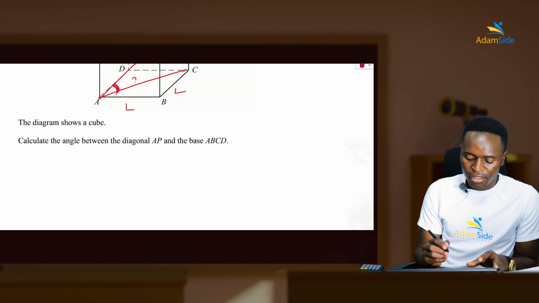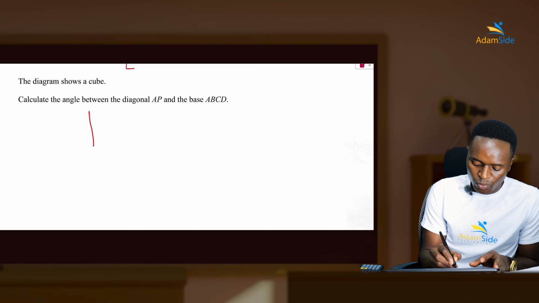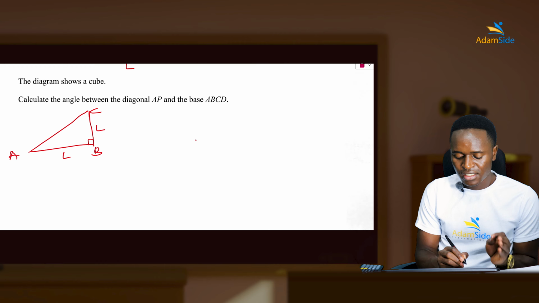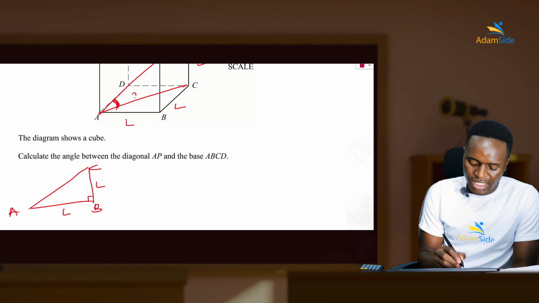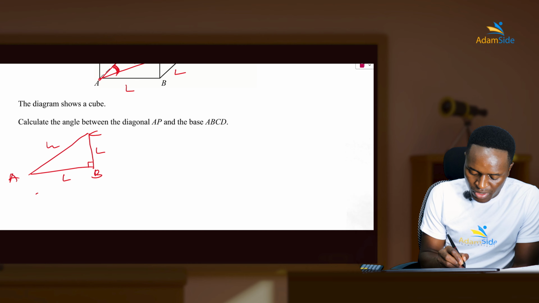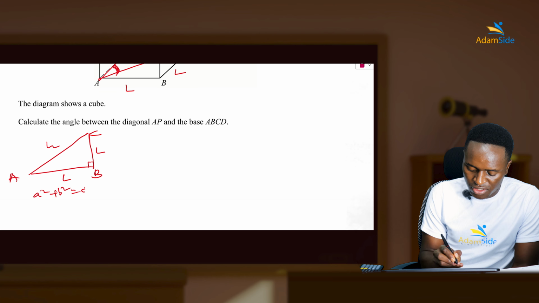So in the diagram, we have a right angle triangle A, B, C, where AB is length and BC is length. To get AC, we use a squared plus b squared is equal to c squared.